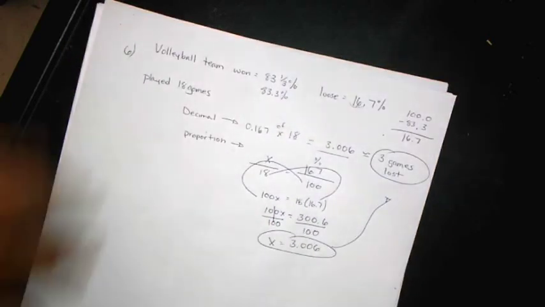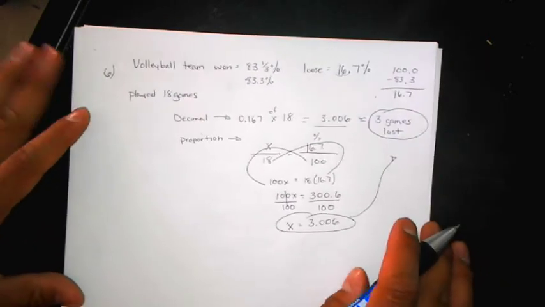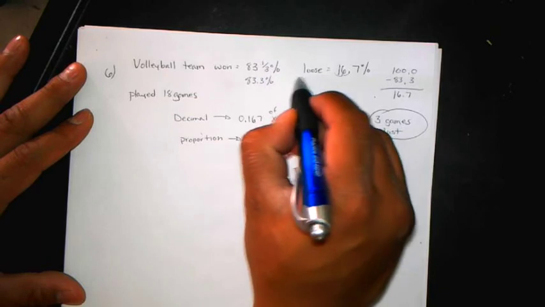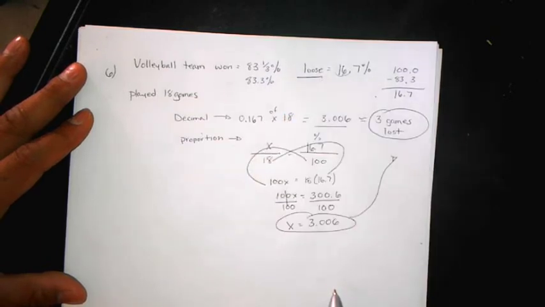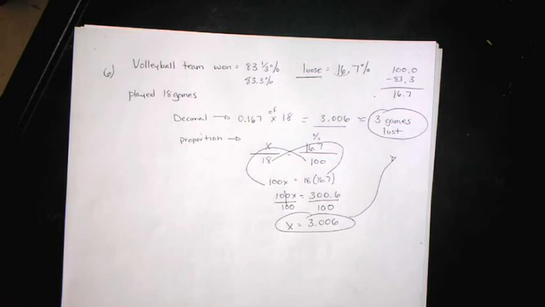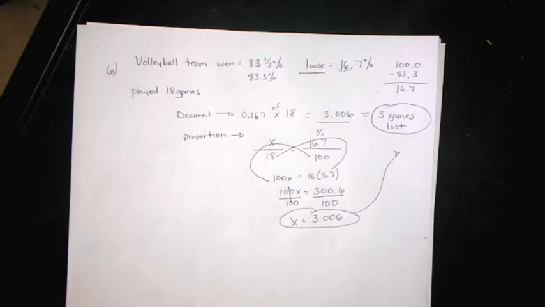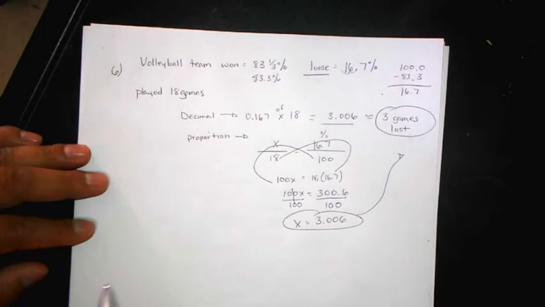Okay, so I gotta make sure I identify both of them so that you don't get confused. This particular question asks you to see how many they lost, or how many games they actually lost. Okay, so that's how you solve for problem number 6.